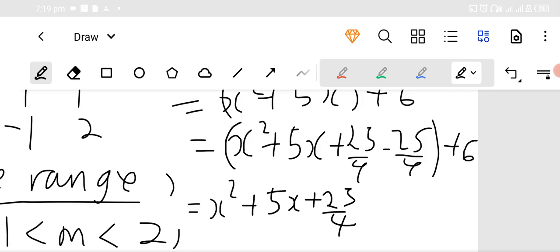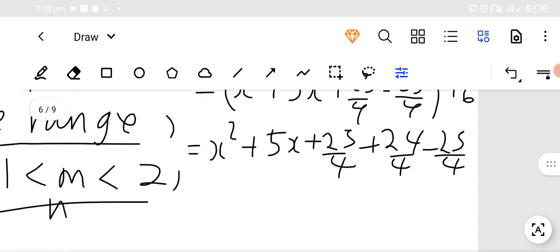It's going to give you 24. So plus 24 over 4. 24 over 4 is the same as 6. Then minus 25 over 4. So this part has gone out of the brackets.